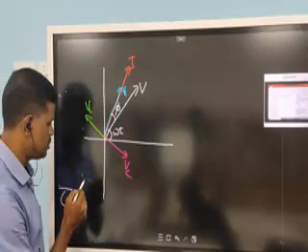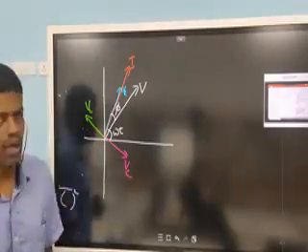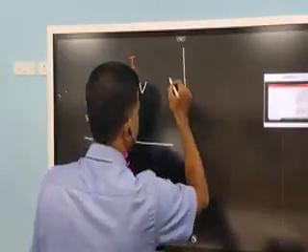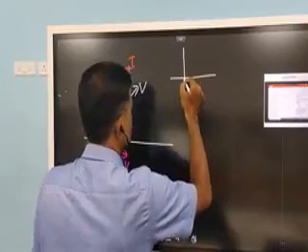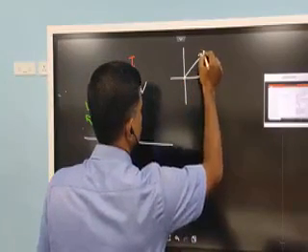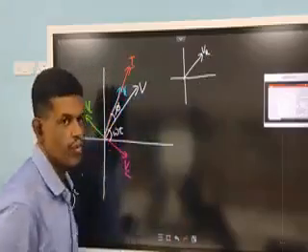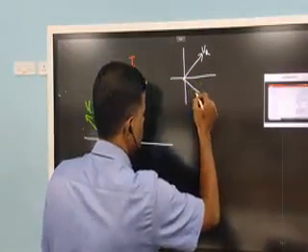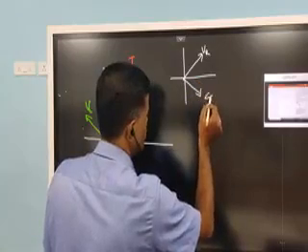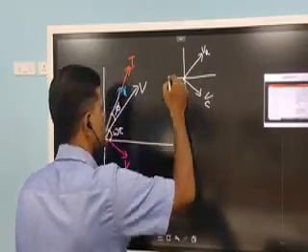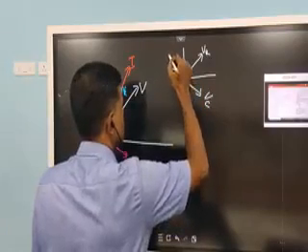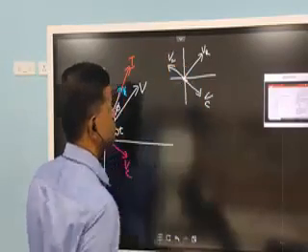Okay. Now having drawn this, let us simplify the diagram. I am omitting the current values. I am plotting only the voltage values. This is VR, which is at a phase omega t plus phi. This is VC at 90 degrees, and this is VL.